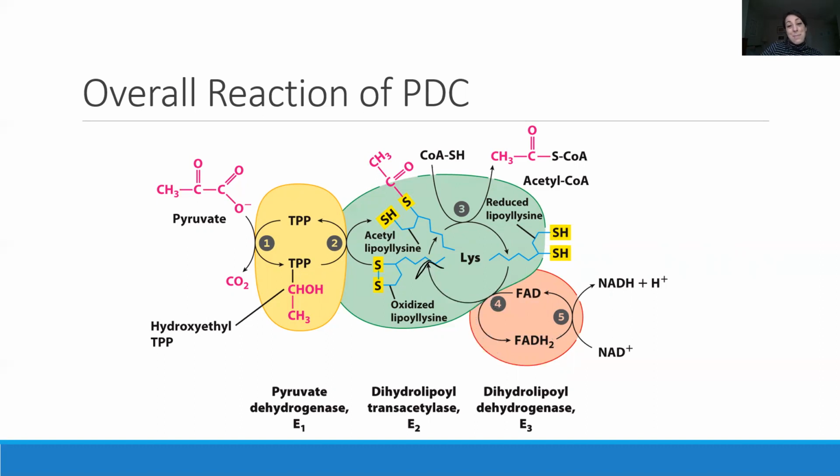Now, to keep the E3 complex going, that FADH2 now needs to be put back in its oxidized form. And this is done through using a free floating NAD+, which is made into an NADH for this complex.